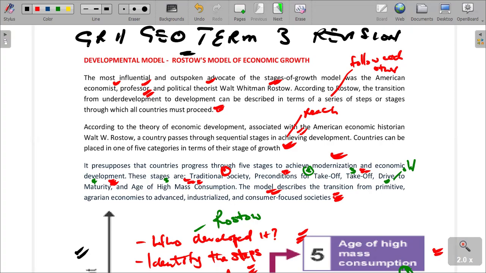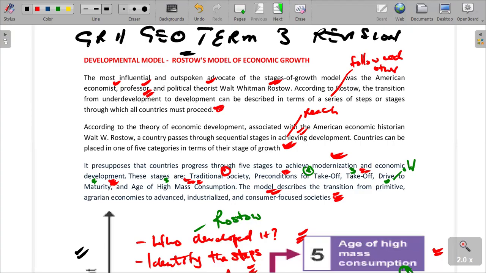And for your information, Rostow was also an economic historian. What he identified is that each country can be placed in one of five stages or five categories in terms of their stage of development.